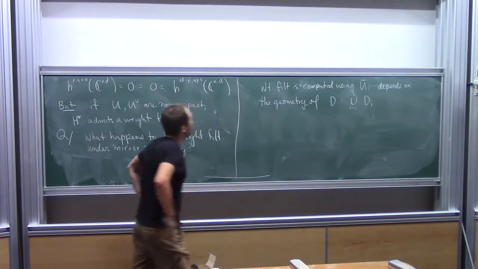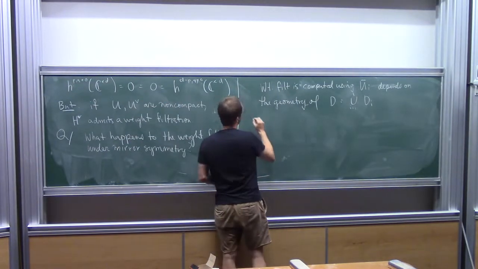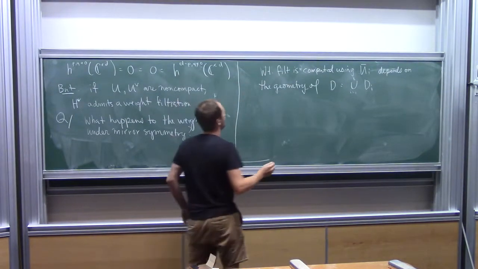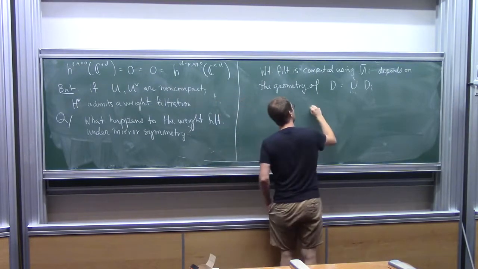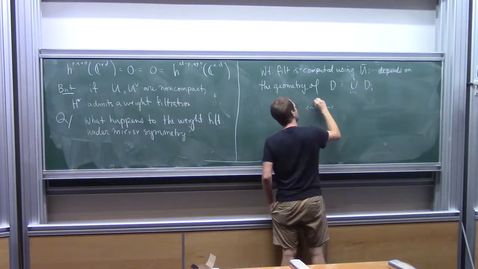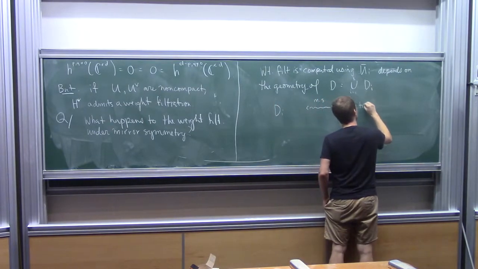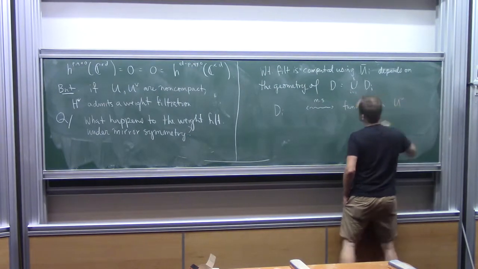So what do such divisors correspond to under mirror symmetry? If you look at an SYZ type picture of this, the divisors D_i correspond under mirror symmetry to functions on the mirror. So in this case, you check.